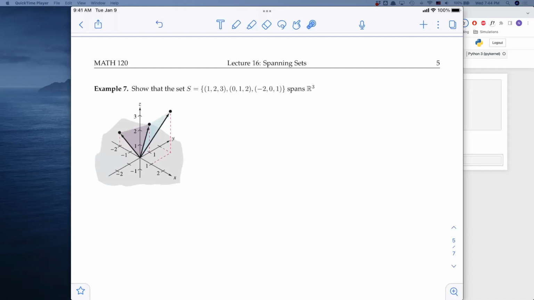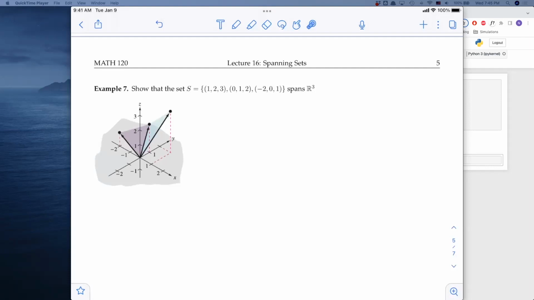Again, we're going to use the definition of spanning set to solve this example. From the definition, for every vector in R3, that particular vector can be written as a linear combination of the vectors in S. If that is the case, S is the spanning set, or S spans the vector space.